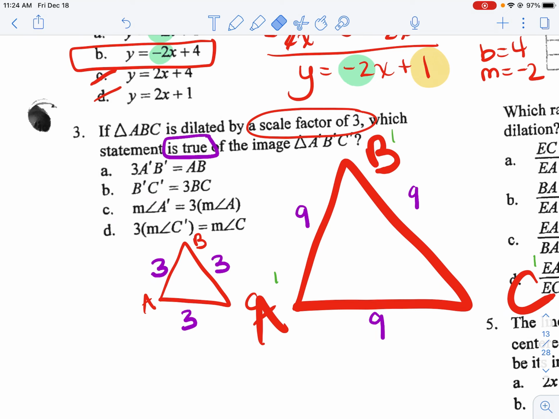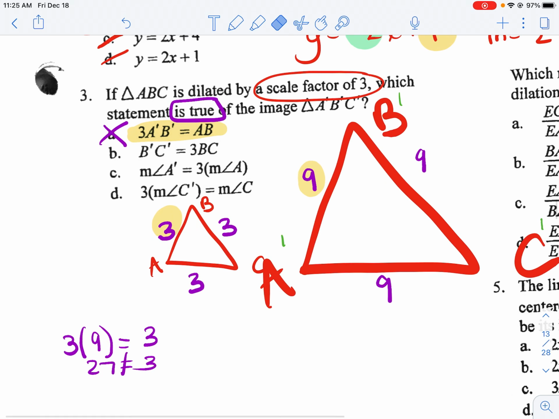If I read choice A to start, 3 times A'B', so what's the length of A'B'? So 3 times 9 should equal the length of AB, which is 3. Is that true, guys? Does 27 equal 3? No. So it's not that one.